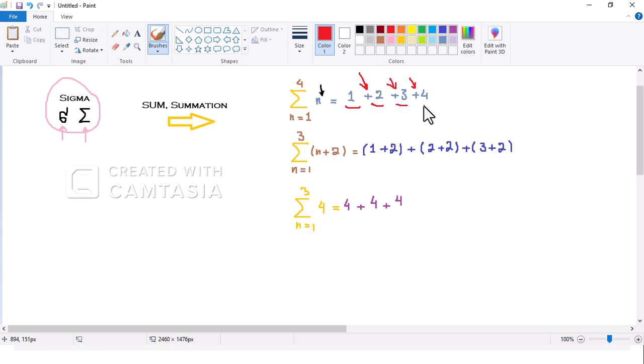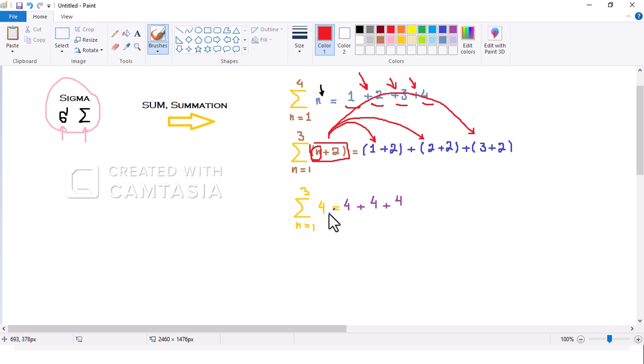If instead of n we have n plus 2, for example, then we repeat this n plus 2 at each stage, and instead of the n, for each stage we put 1, 2 and 3.